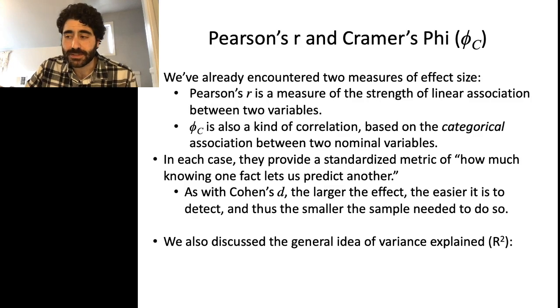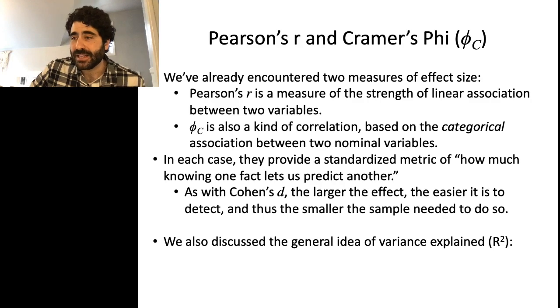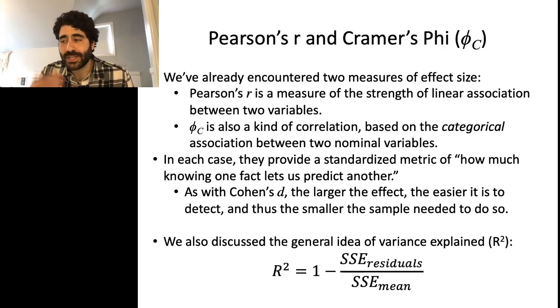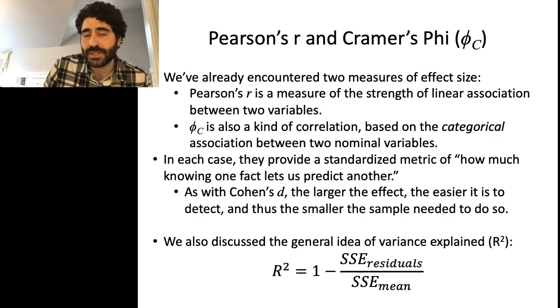And we also talked about this somewhat more general idea of variance explained. In the context of linear regression, this is the same number as just squaring our Pearson's R. But it's also this more general idea, and this is the formula from that linear models lecture, that we look at how many errors we have based on some baseline model, which is a model where we just predict the mean.